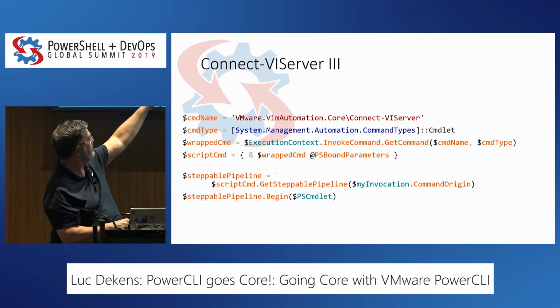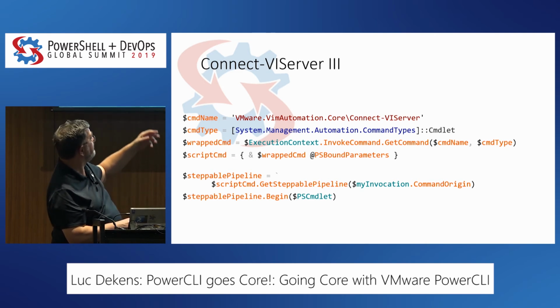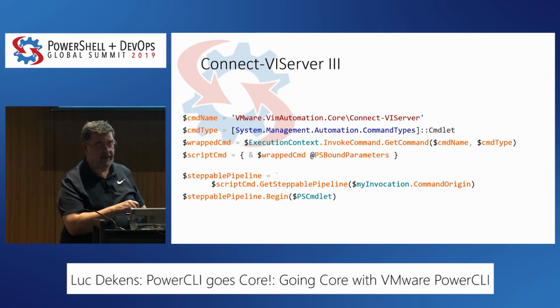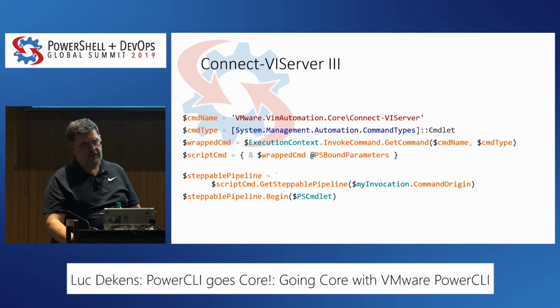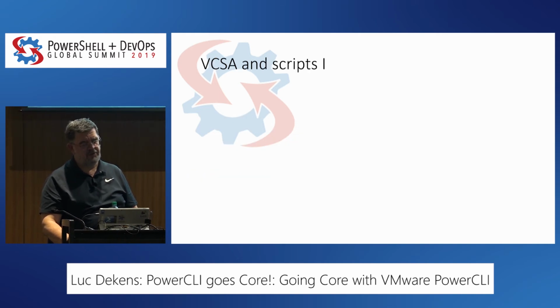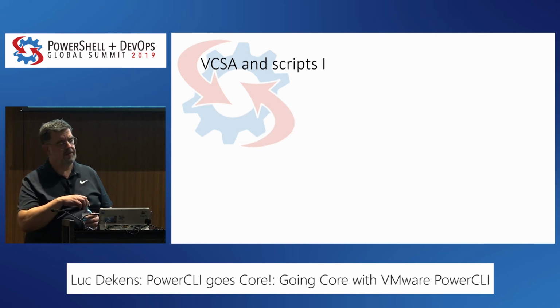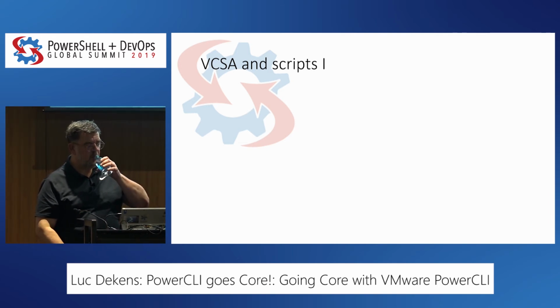It uses the wrapped commandlet and the parameters that we just adapted, and then it starts the pipeline, if there is a pipeline on that commandlet. So you can do that with all commandlets, in fact, but in this case, it helped us solve the issue that we didn't want to touch our original legacy scripts.